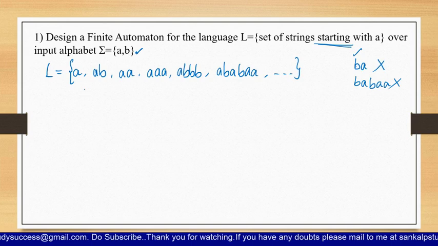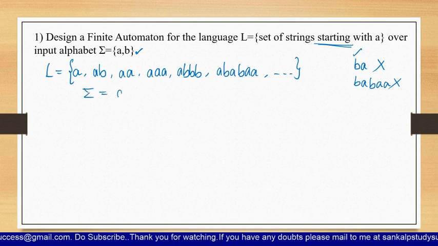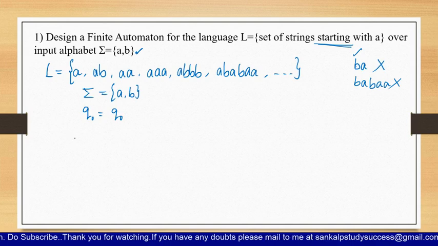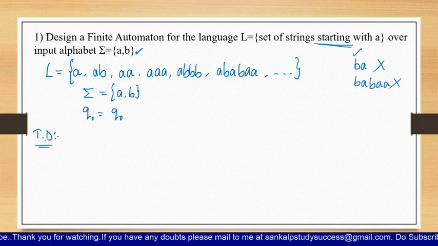Now, what is the input alphabet given for us? A, B, which is given in the question itself. Generally we take q0 as the initial state. Now let us draw the transition diagram for the finite automata, because we have to design the finite automata, which is nothing but the transition diagram.